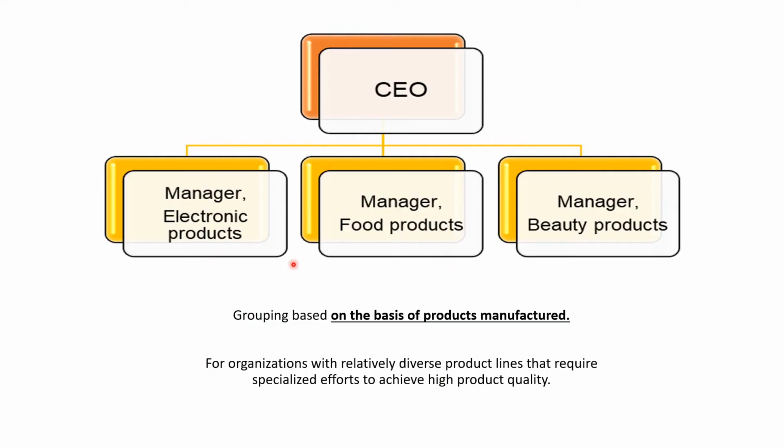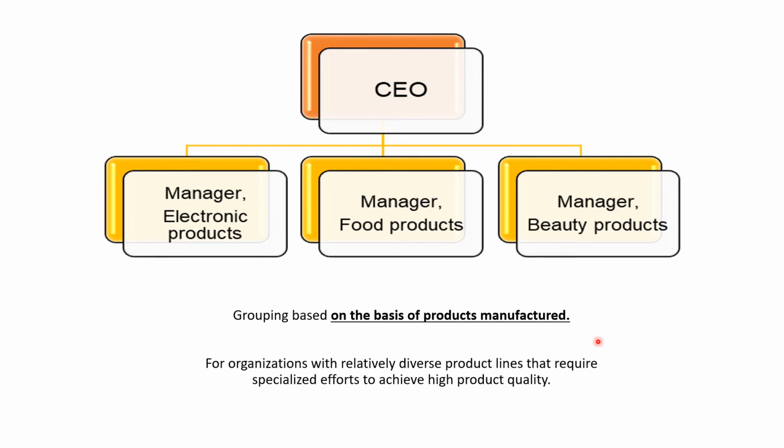The second one we have is the product structure. Here you group based on the products manufactured. It is suitable for organizations with relatively diverse product lines that require specialized efforts to achieve high product quality. Meaning that if the organization has varieties of products, instead of the functional structure, they can use the product structure.